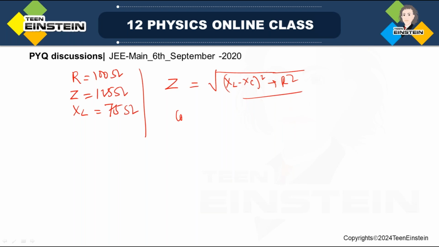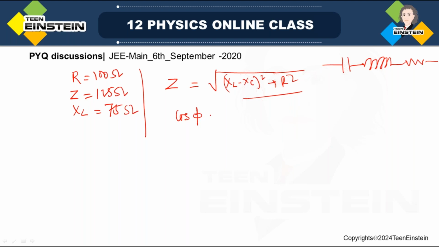Now another point is, after adding the C, your power factor is becoming unity. Unity means cos phi is equal to 1.